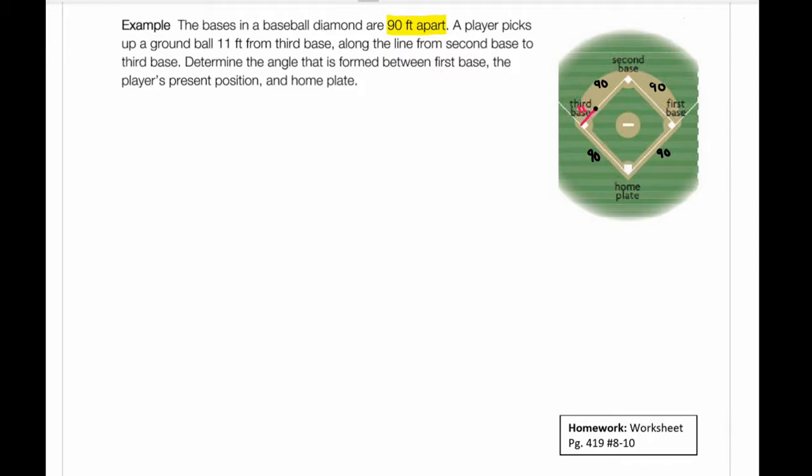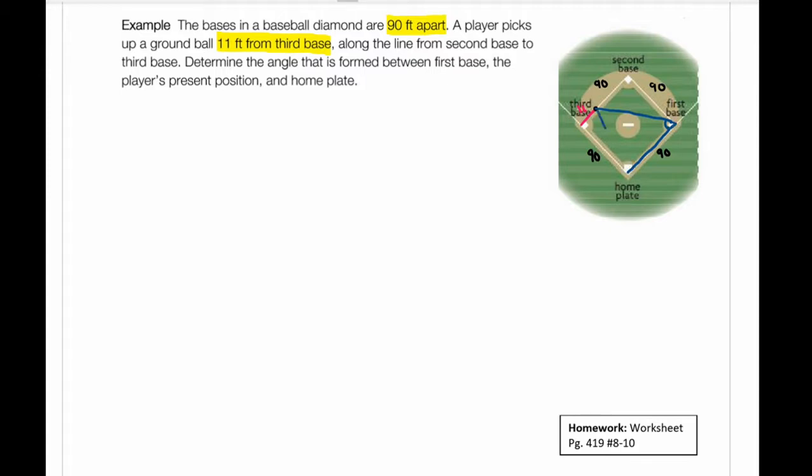We want to determine the angle that is formed between first base, the player's position, and home plate. So actually let me highlight that. What we're looking for is the angle from first base, the player's position, and home plate.